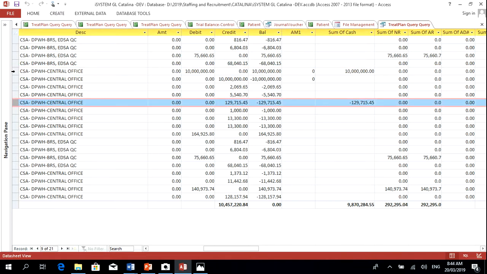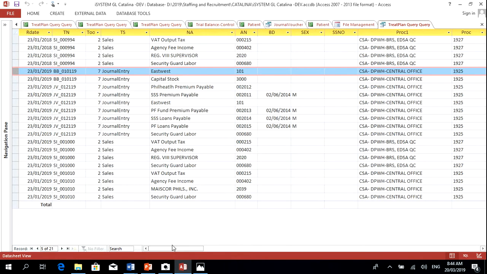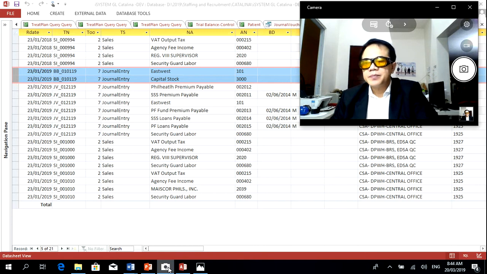You see? Let's trace this 10 million first and go to the left side where we get the debit credit entry. As we mentioned, the first entry was setting up the cash balances, which is a beginning balance of your transaction. So you set up the beginning balances and you make a debit credit entry right here.